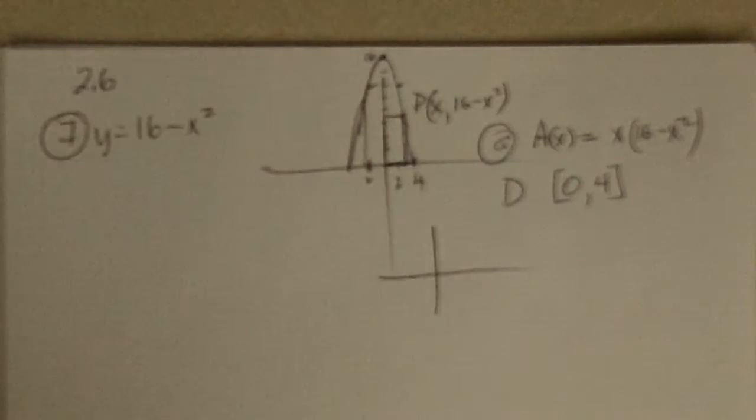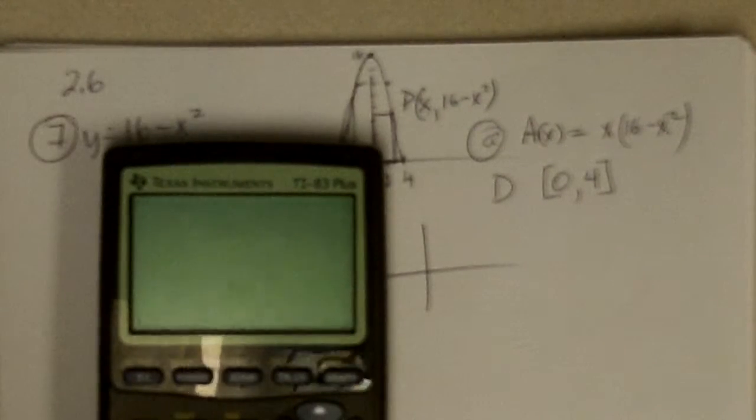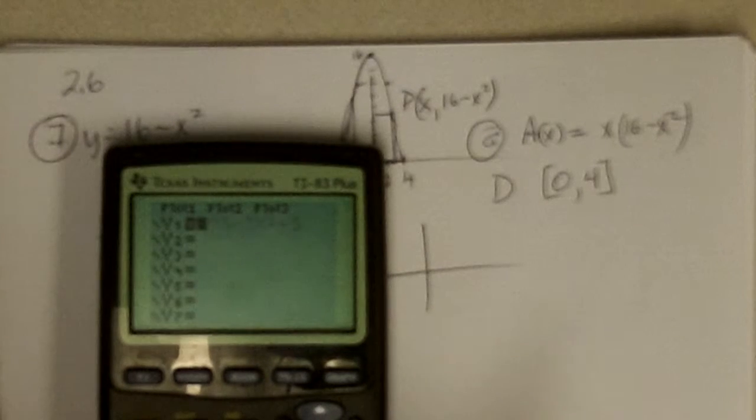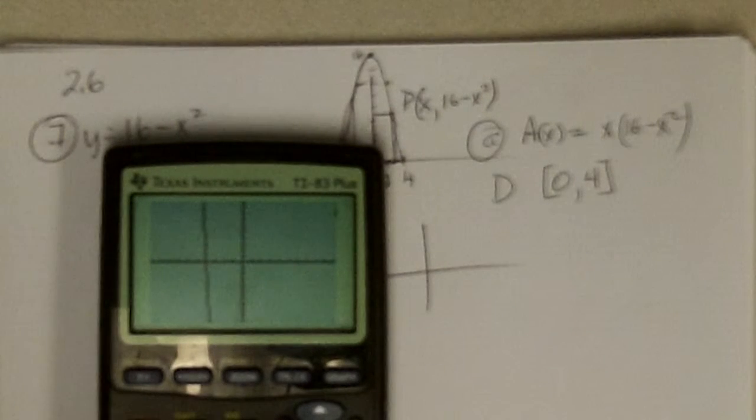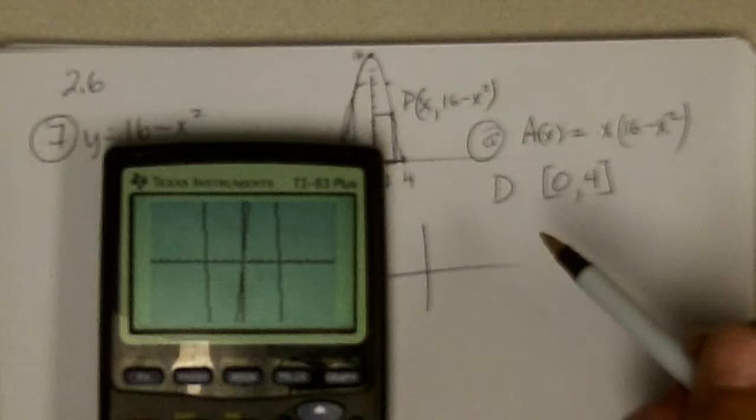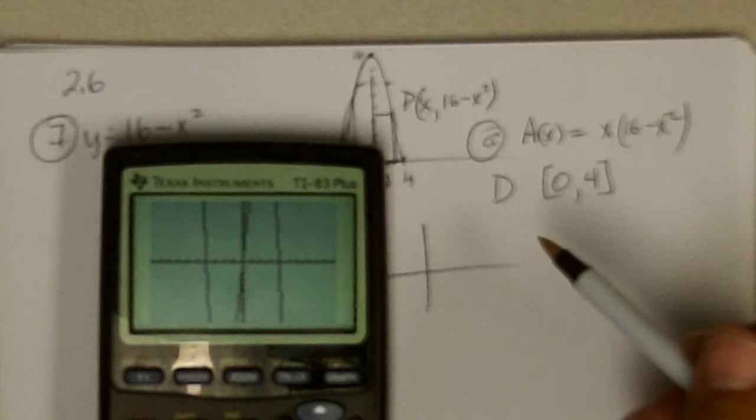So I will just do that with my graphing calculator. It's going to be x times parenthesis 16 minus x squared close parenthesis. If I go zoom 6, and it says find for what value the area is largest.